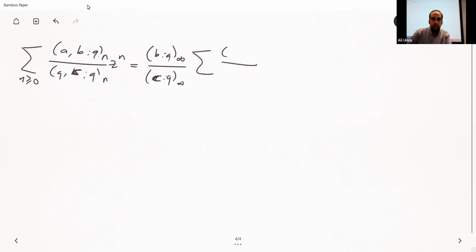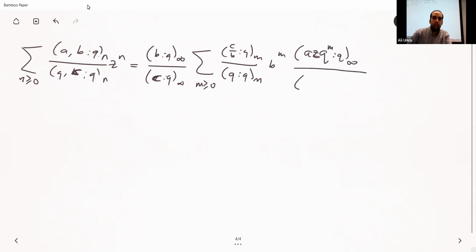On the inside we have (c over b; q)_m over (q; q)_m, and m goes from 0 to infinity, b to the power m, and we use the q-binomial theorem to get the sum turned into a product, (azq^m; q)_∞ over (zq^m; q)_∞.